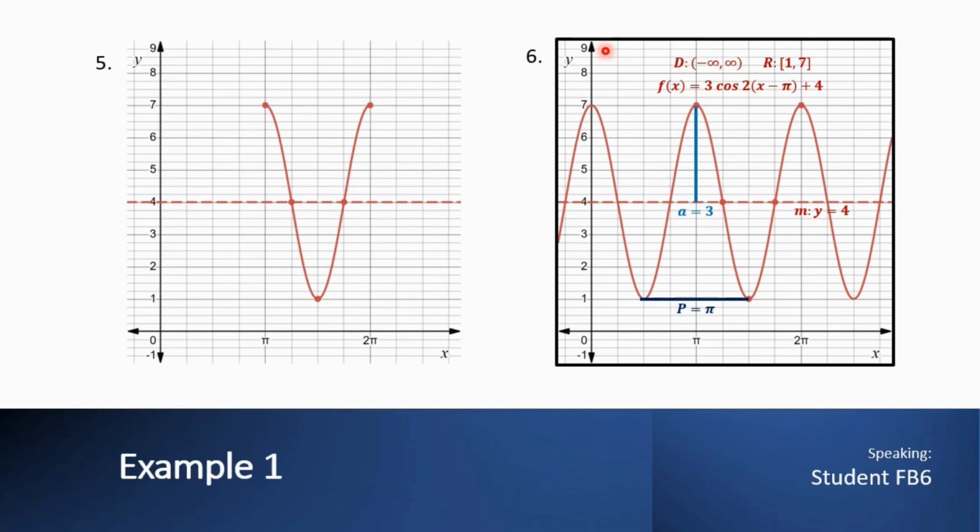In this case, we have for all real numbers x. That's why it's extending on both sides. And here are the labels. In the labeling, we have the name of the function, the equation of the function, the domain, the range, the amplitude, the midline, as well as the period.